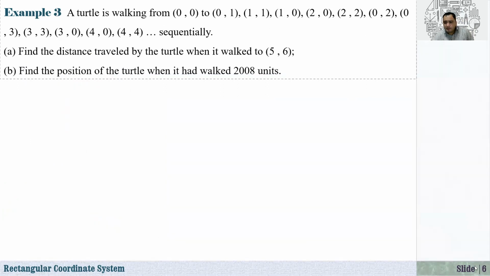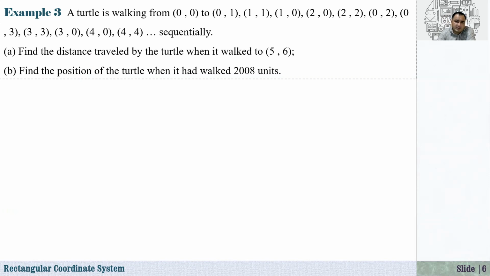Okay, another example. A turtle is walking from (0, 0) to (0, 1), and then from (0, 1) to (1, 1), and from (1, 1) to (1, 0), and from that point to (0, 2), (2, 2), and (2, 0), then (0, 3), (3, 3), (3, 0), (0, 4), (4, 4), and so on sequentially.